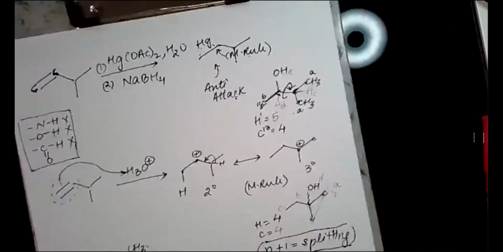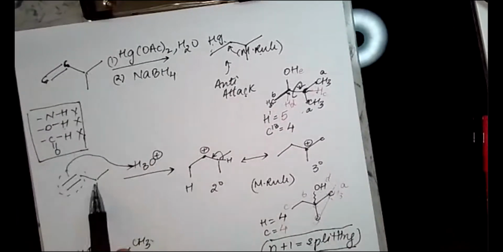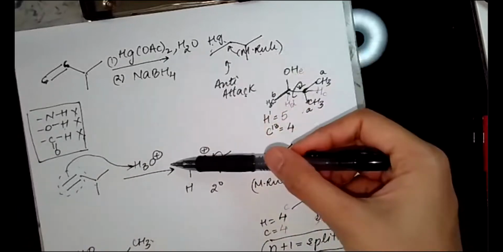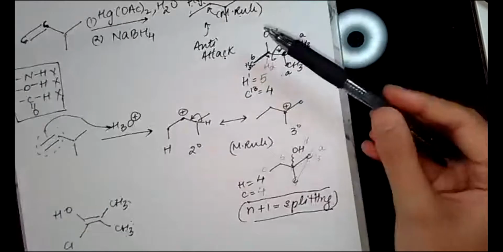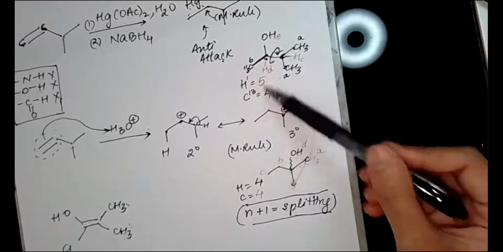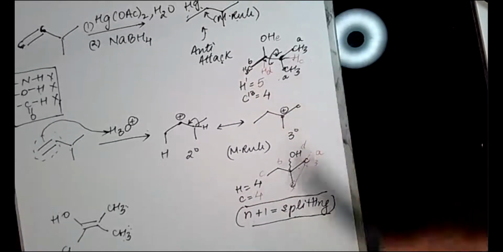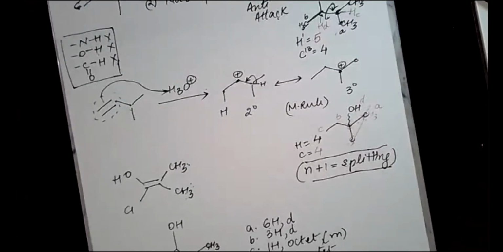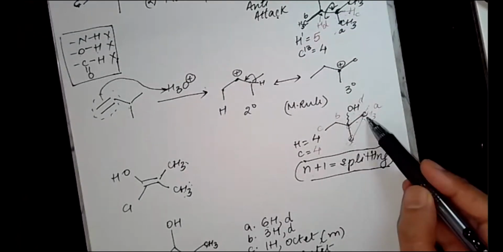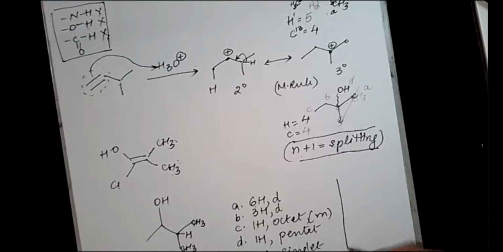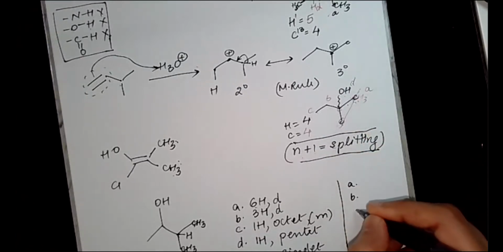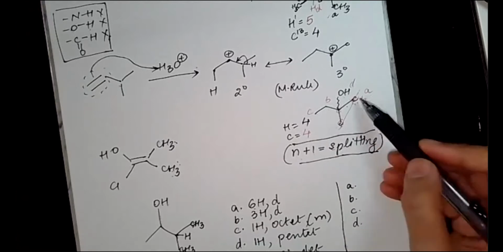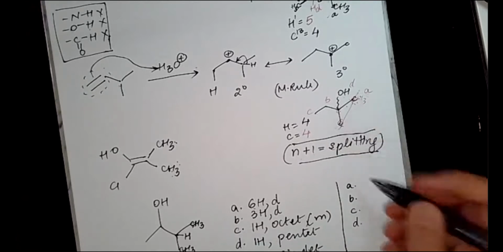So if you look again, starting from the same structure, using different reagents, I get different products, and based on NMR, I can distinguish them also. Let's compare A, B, C, and D. There are definitely 6 hydrogens here.